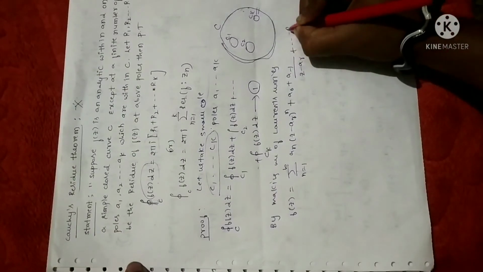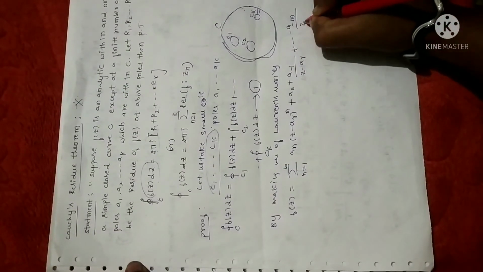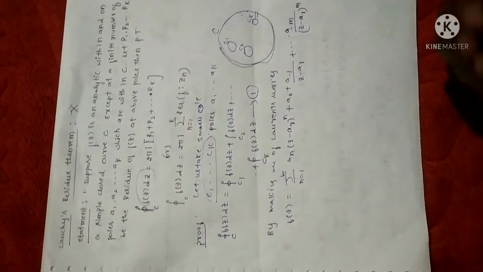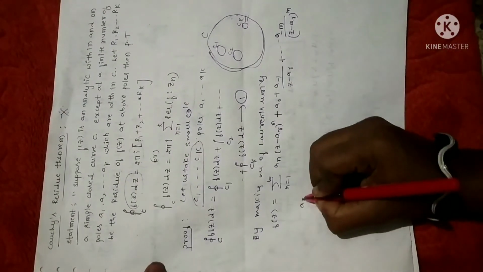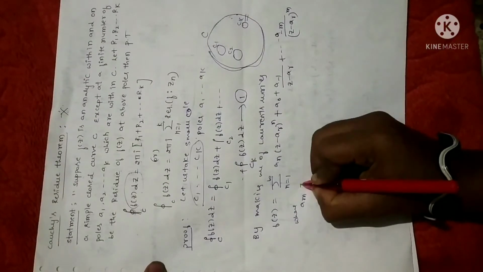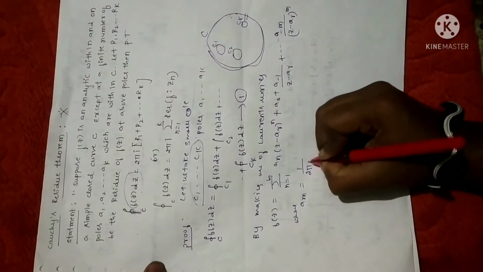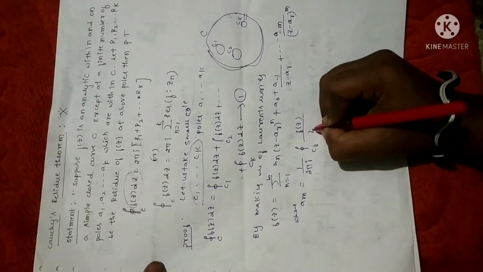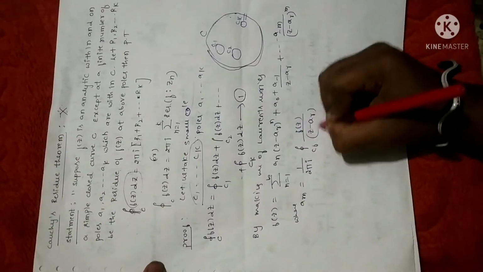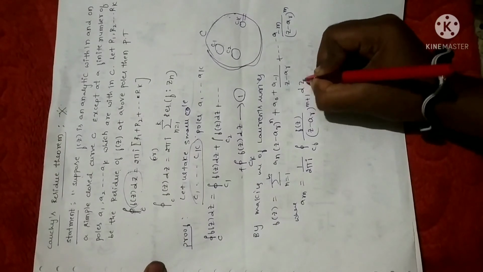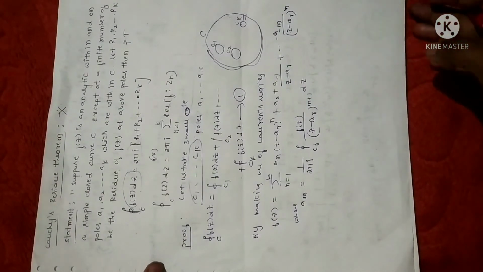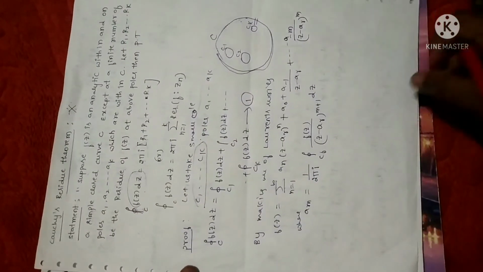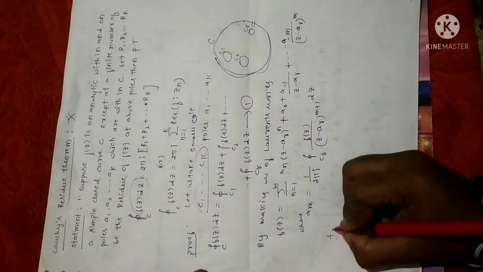I am going to write it separately. Anyhow, I have explained this concept. Z minus ar power m. Where am is given by, this is clearly given in the statement of our Laurent theorem, the integral over Cr of f of z divided by z minus ar power m plus 1 into dz. So this is by the Laurent series expansion or Laurent series theorem. Now I am going to take m as 1.